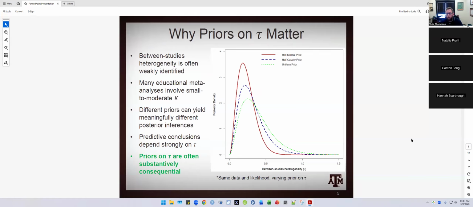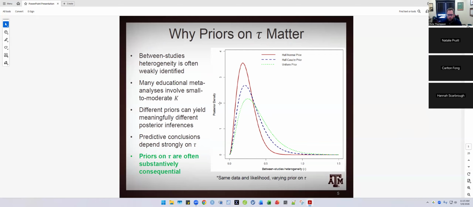So why do priors matter in the first place? In this plot on the right, there are posteriors, and there are 3 of them. One is red, one is blue, and one is green.